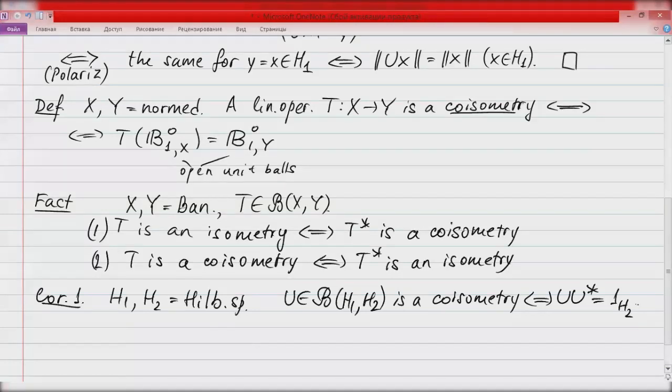This is just the dualization of the previous characterization of isometries. And as a special case, we obtain an algebraic characterization of unitary operators.